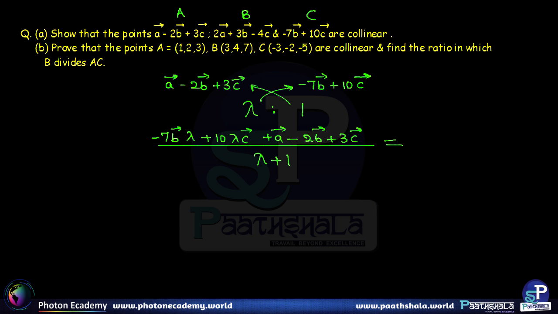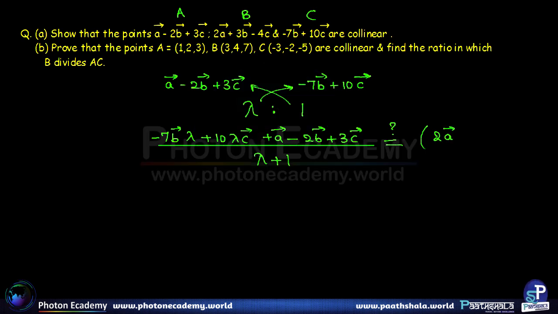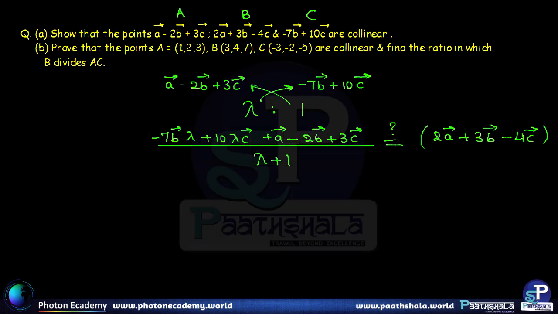And now we have to check if this is equal to the point B. So that is 2A plus 3B minus 4C. Now if ABC are non-collinear, then we will have to equate the coefficients of ABC individually. So let's see. Over here for A there is only one term and the coefficient is 1.